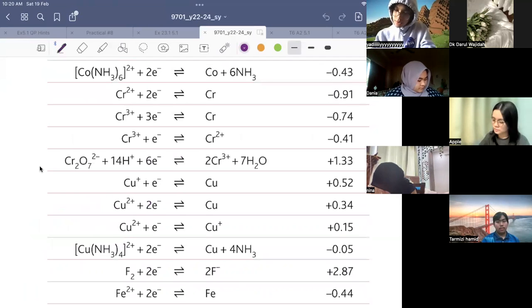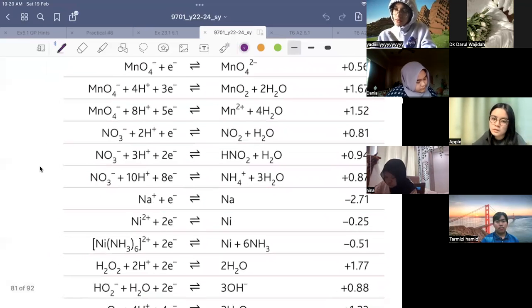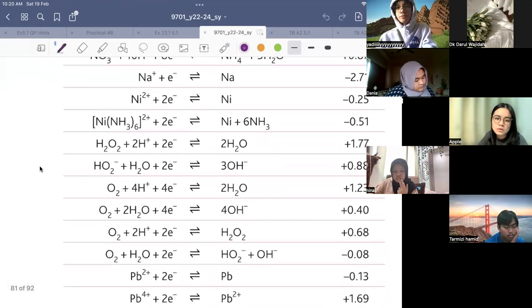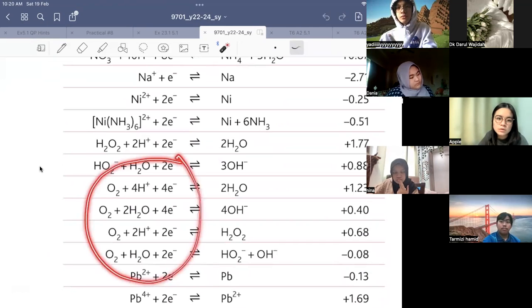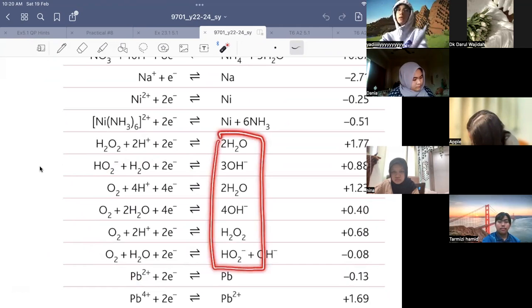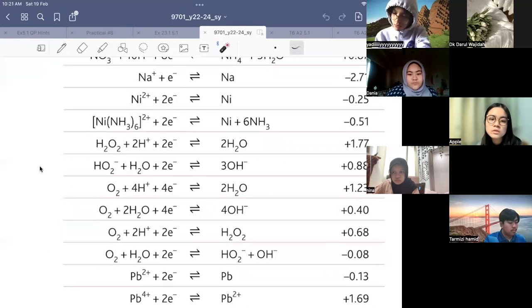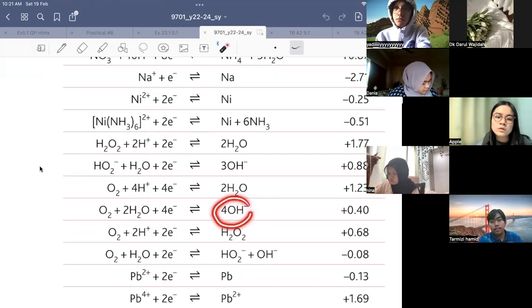If I go through the list, hydroxide would be somewhere at O. If you look for hydroxide on the left side, that's wrong, because you are looking at the oxidation process, which is the reverse. So you have to look for hydroxide on the right, the product side, the one that will produce oxygen as an element.